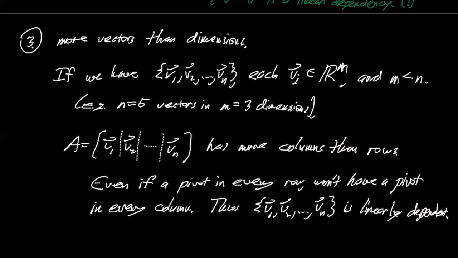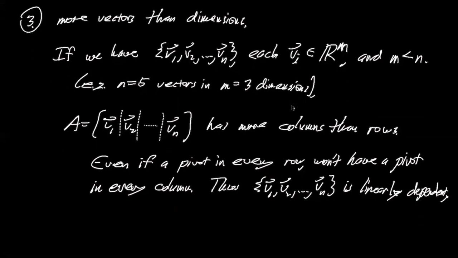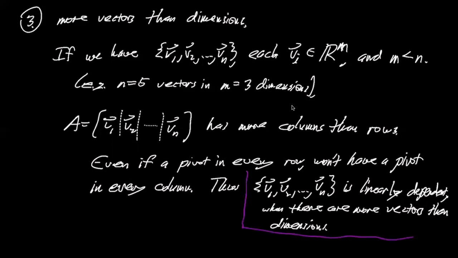So I guess maybe I'll just make a statement that I can put a box around. When there are more vectors than dimensions for the vectors to live in, the set is linearly dependent. And hopefully your intuition for what linear dependence is matches this, right? If I have three vectors in 2 dimensions, then definitely one of the vectors has to be a linear combination of the other 2.